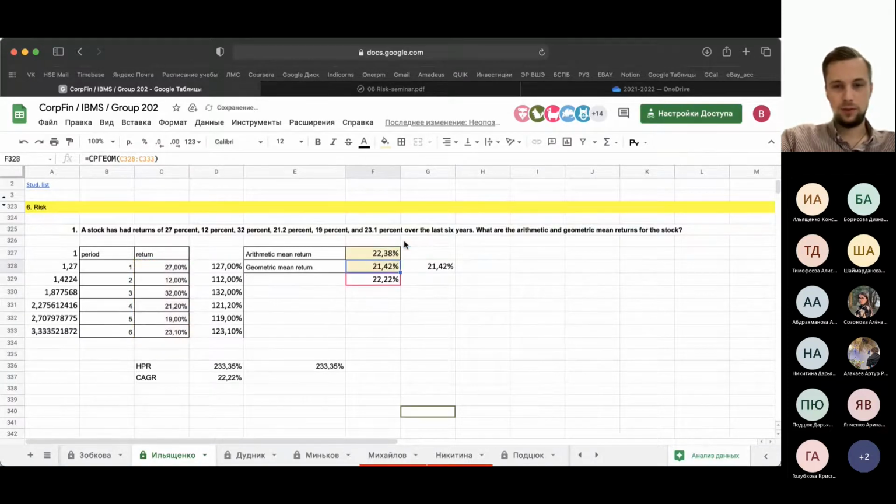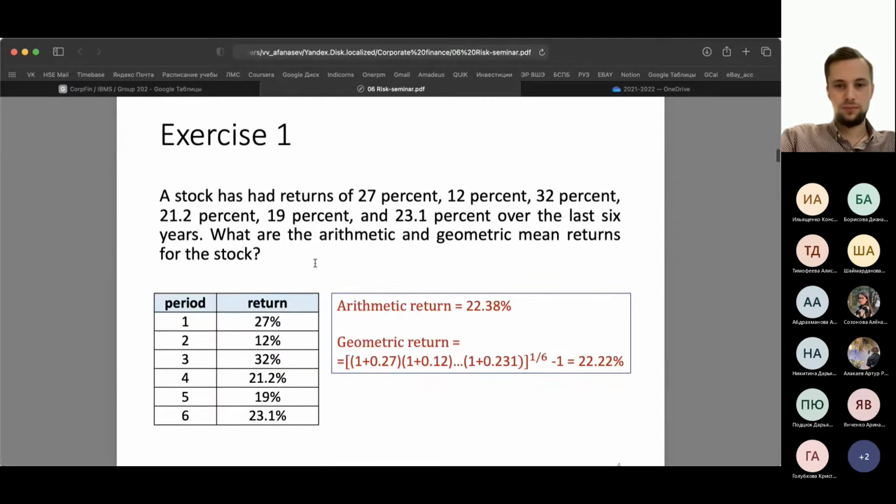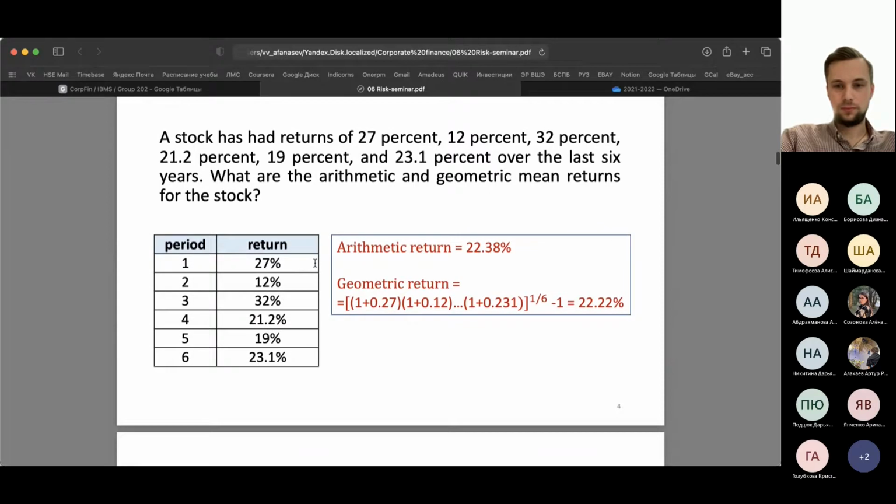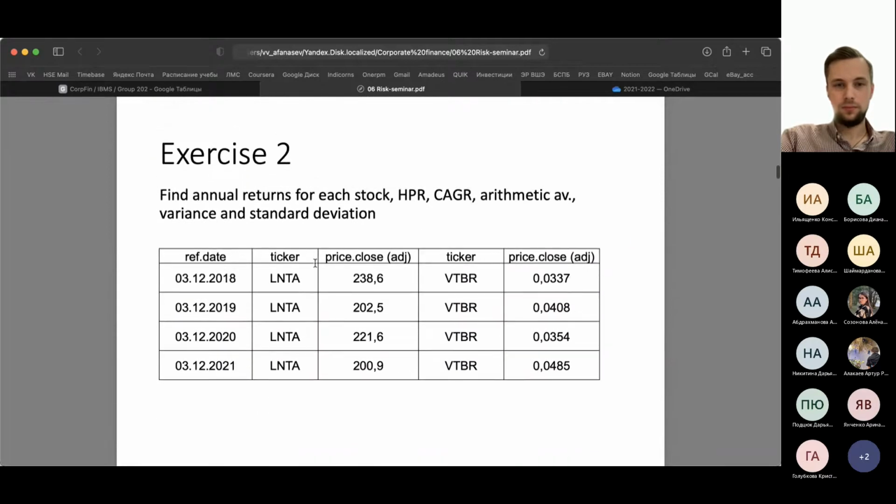Okay, let's move on. Look at the following exercise. Let's look at it on the slide first. I have prepared the data for some stocks.